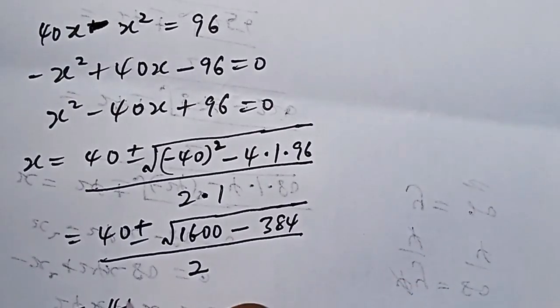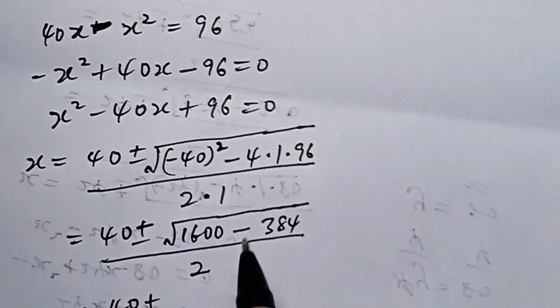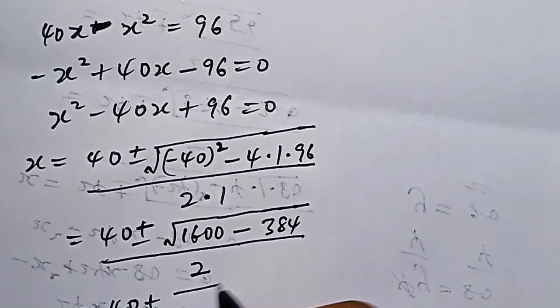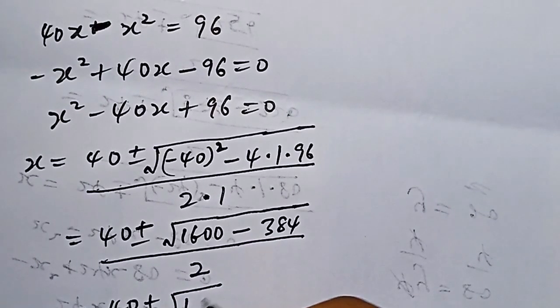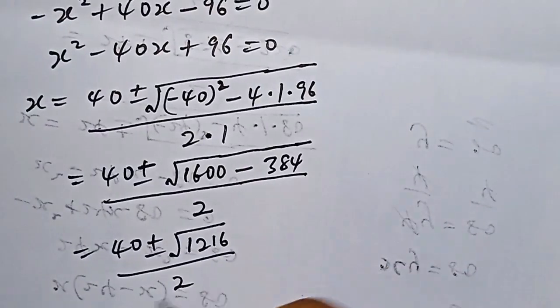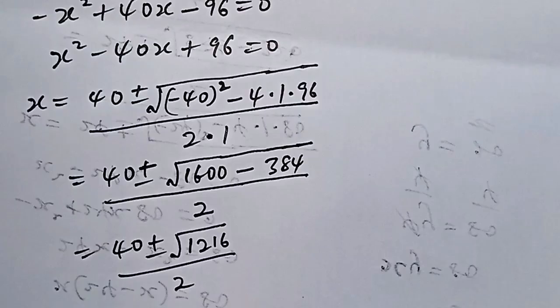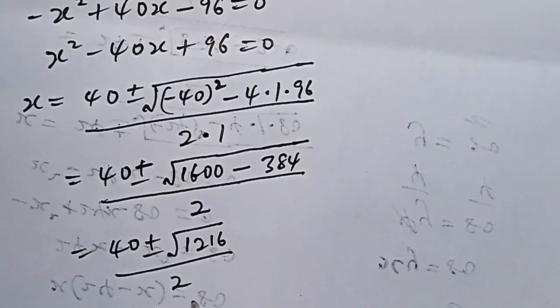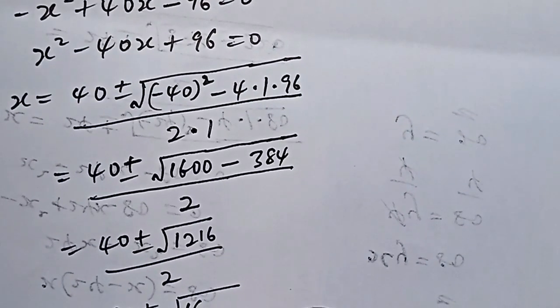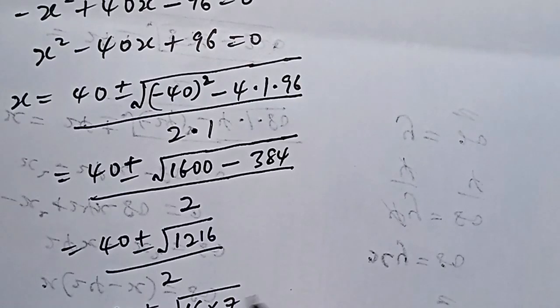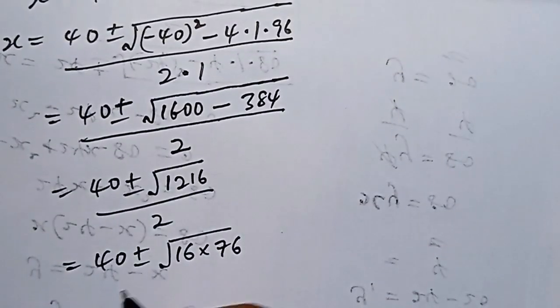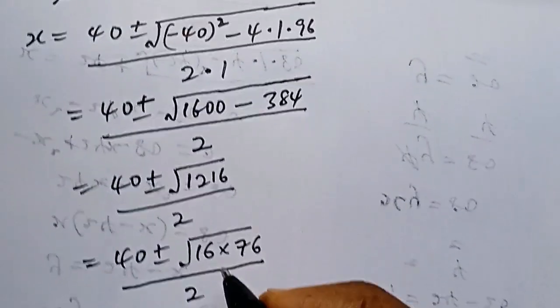So we have 40 plus or minus the square root of 1216 over 2. We can also factorize this. So we have 40 plus or minus the square root of 16 multiplied by 76, and that will be over 2.